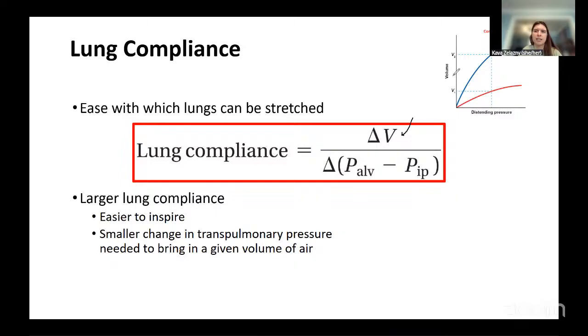So this is a relationship between volume and pressure. And we know some of our lung pressures, right? So we can see that the specific change in pressure you'd be looking at here might look a little bit familiar, right? Because this is actually how we were calculating our transpulmonary pressure. So that distending pressure across the wall of the lung.